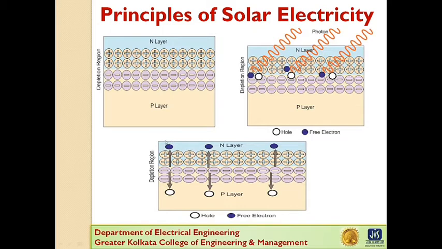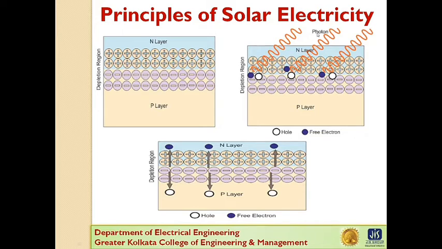The bottom layer is the P-type semiconductor layer, and it is much thicker than the top N layer, it may be more than 100 micrometers thick. We call this bottom layer the base layer of the cell. The depletion region is created at the junction of these two layers due to immobile ions.